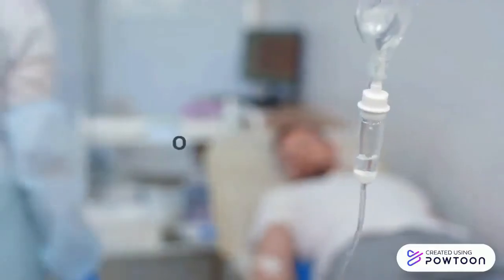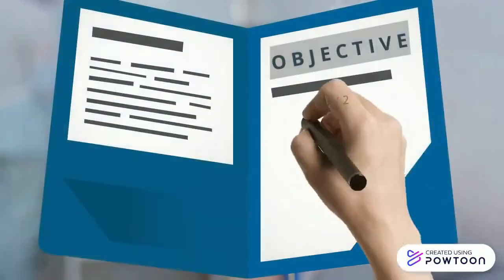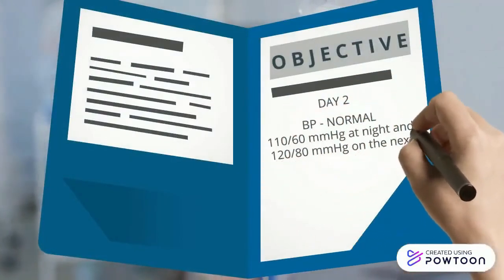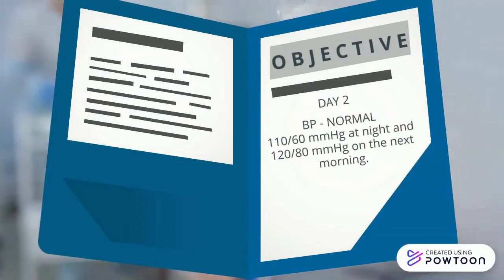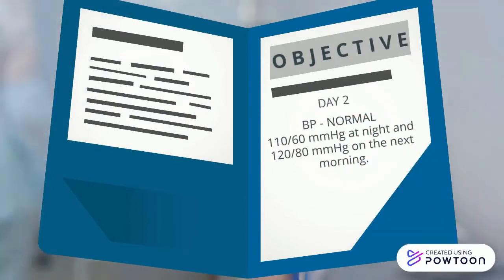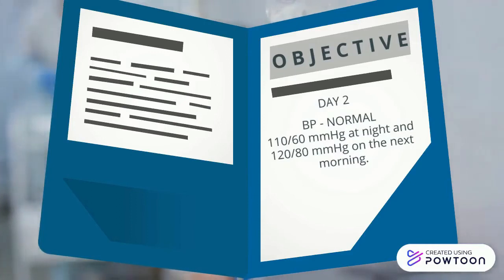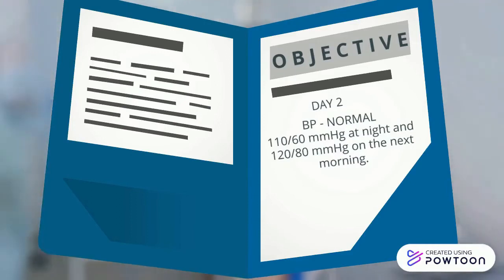Moving on to the objective, upon observations made, the vital signs such as the blood pressure of the patient are observed to be normal, in which his BP was 110 over 60 mmHg at night and 120 over 80 mmHg the next morning.